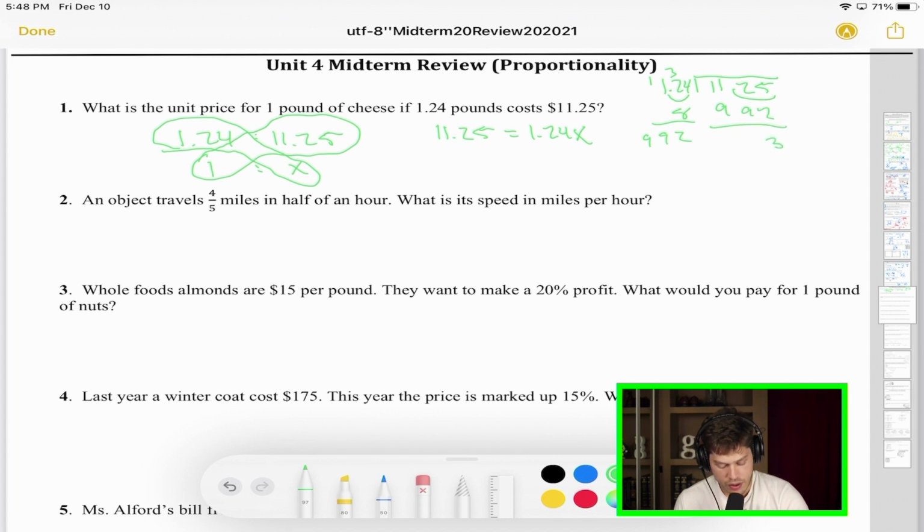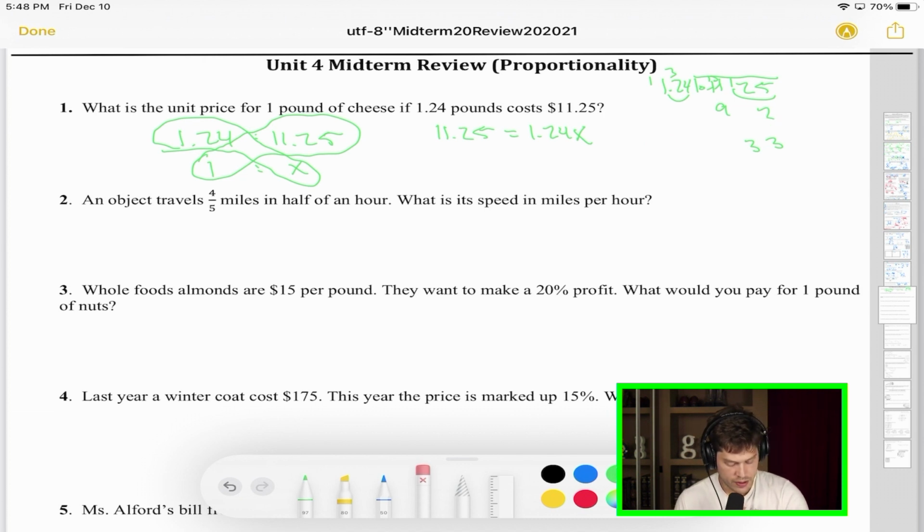Subtract. You get 3, 12, 3. Oh, no, it's 9.